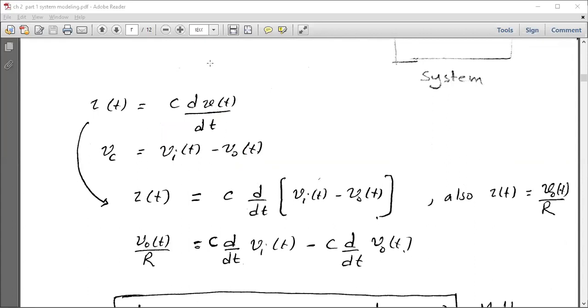Since VC is a difference, I immediately plug this difference here. So VC is the difference between the input and the output voltage.